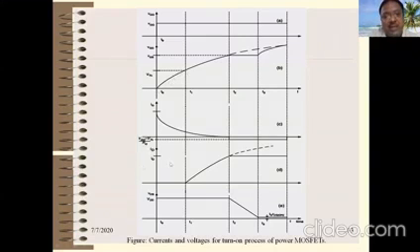Between this particular time, you see the current ID is equal to 0. Just observe the position of the mouse cursor. See here in the ID graph, ID is 0 because the input capacitance, called CGS, is charging.